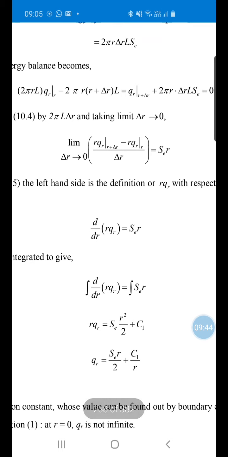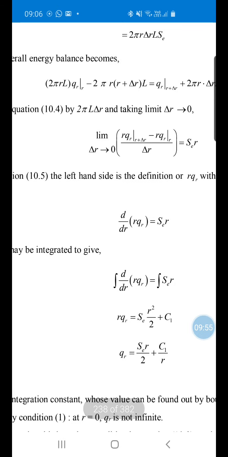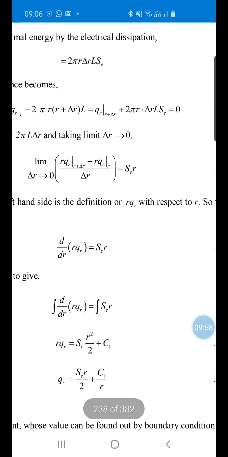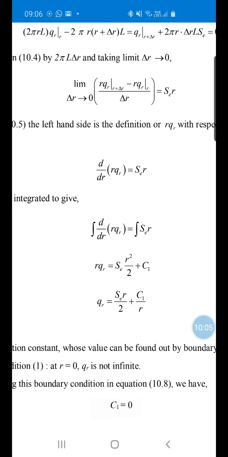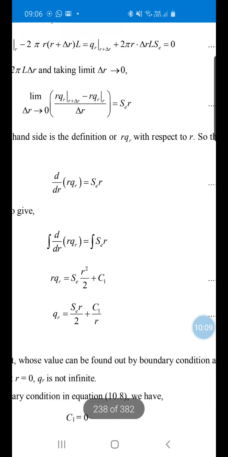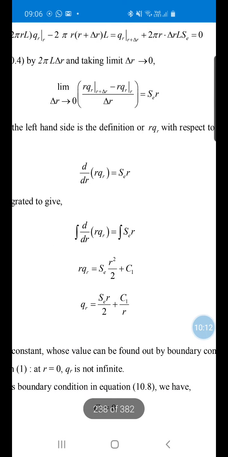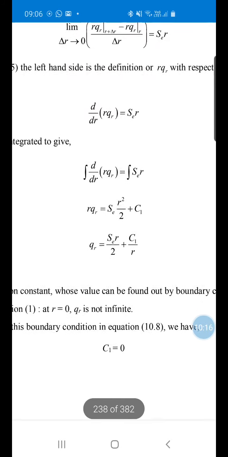You will get r Qr at r plus delta r minus r Qr at r, upon delta r, limit delta r tends to 0, is equal to Se into small r. You solve this equation by taking the limit as delta r tends to 0. And as we know, the above equation 10.5 is the definition of d by dr of r Qr, which is equal to Se into r.